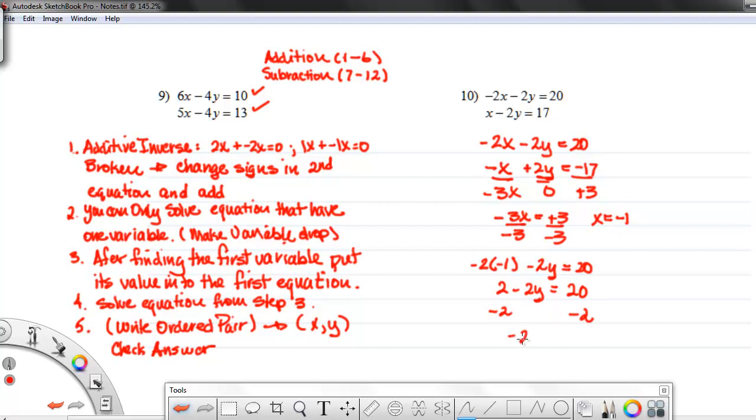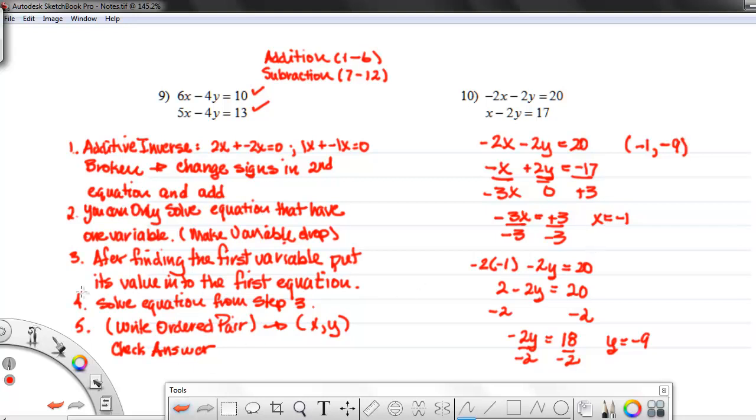That will give me a negative 2y equals 18. Divide each side by a negative 2. That tells me that the y value will be a negative 9. The ordered pair for problem number 10 then would be negative 1, negative 9.